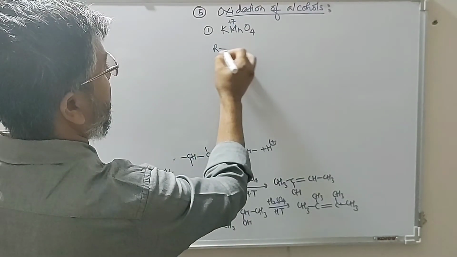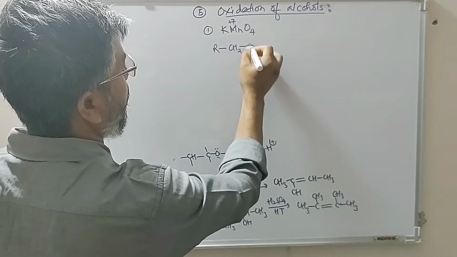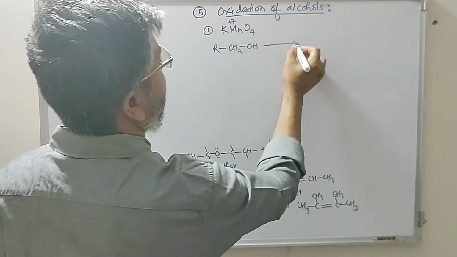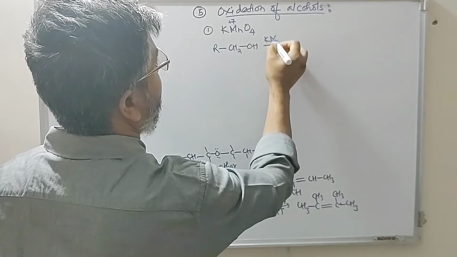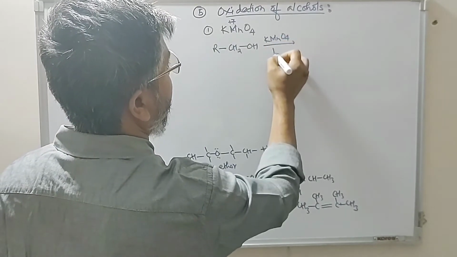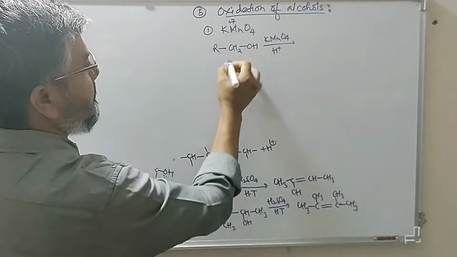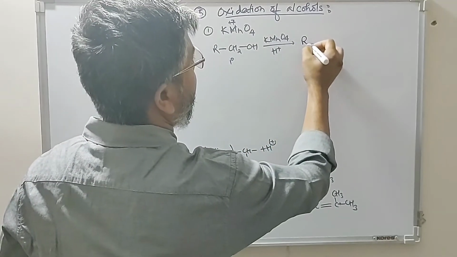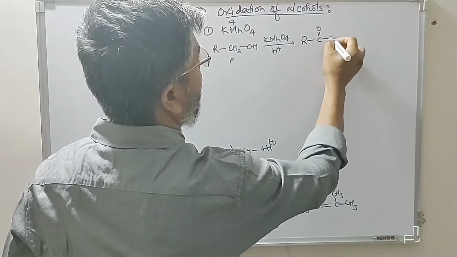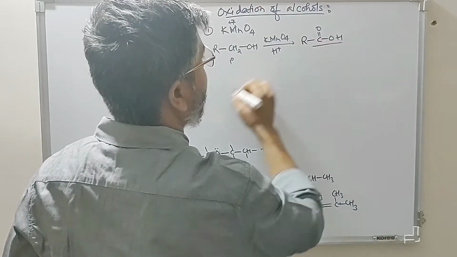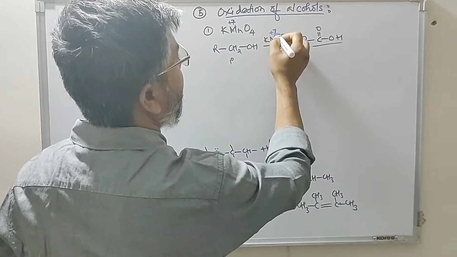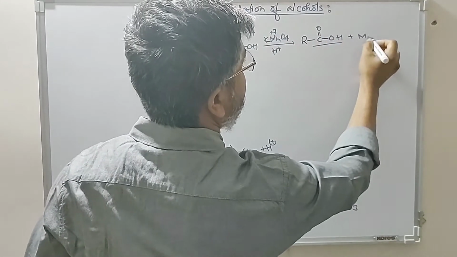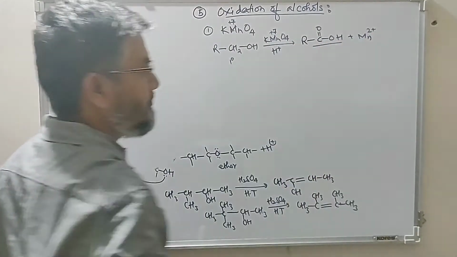So look at this: RCH2OH when oxidized with acidified KMnO4. This is primary. All primary alcohols on oxidation with KMnO4 in acidic medium are oxidized to the corresponding acid. This is the final product, and Mn plus 7 changes to Mn plus 2.